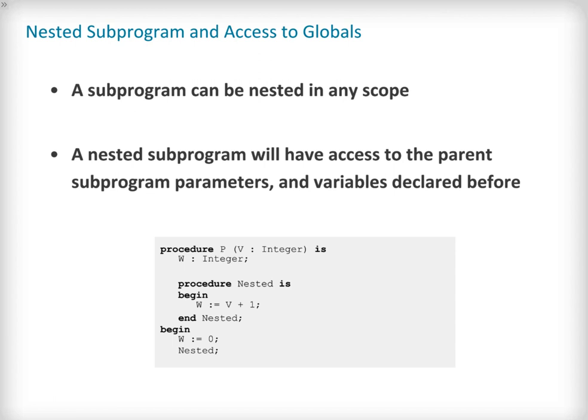So in this example, I create a nested subprogram which is conveniently called Nested, which is doing some computation based on the W variable from the parent subprogram and the V parameter of this parent subprogram. Nested can be called within P, but it will cease to exist as soon as I exit the scope of P.